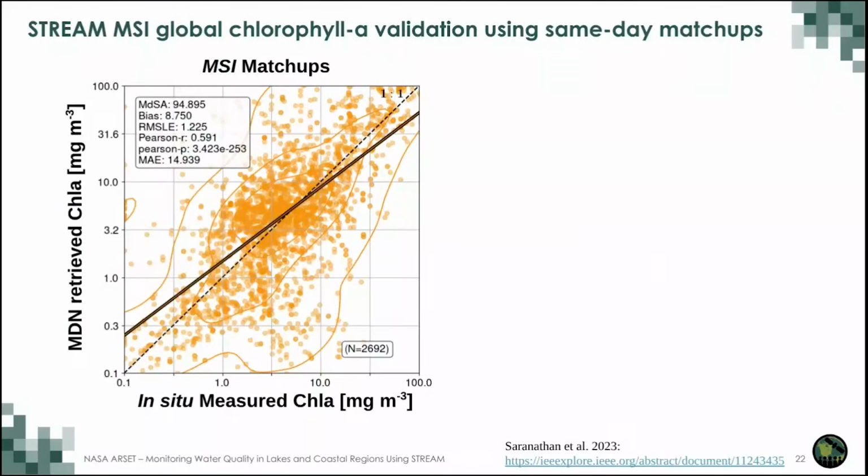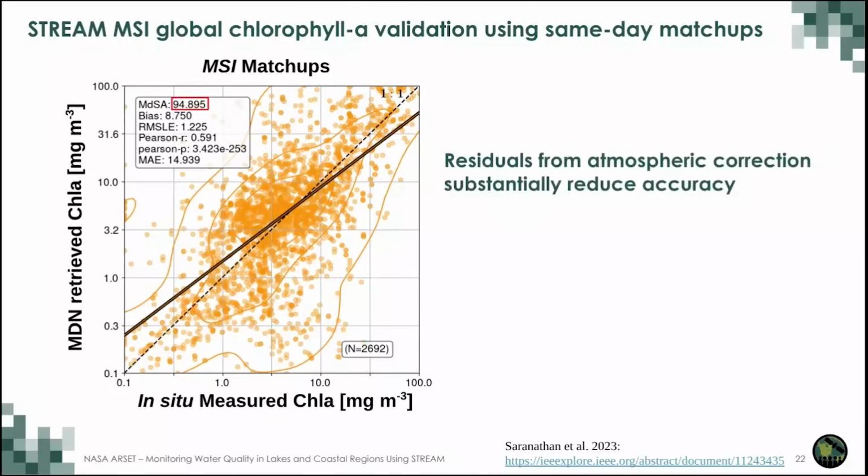And on the y-axis, you can see the MDN retrieved chlorophyll A from MSI. We have very similar error metrics where MDSA is the error that we saw previously. Previously, it was about 28% when we were looking at in situ data, but once we start looking at satellite retrieved data, when we had to remove that atmospheric signal, the accuracy drops down to about 94%.